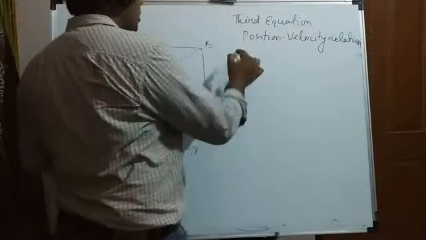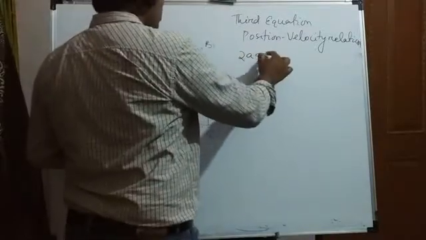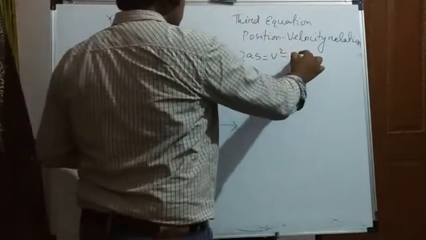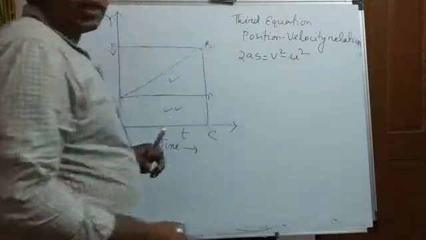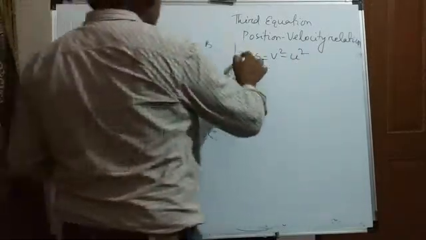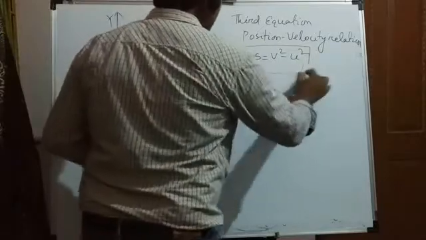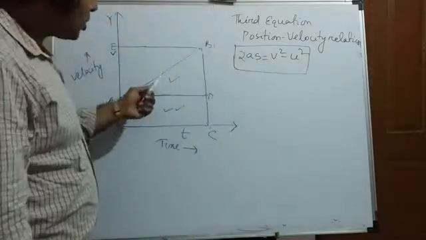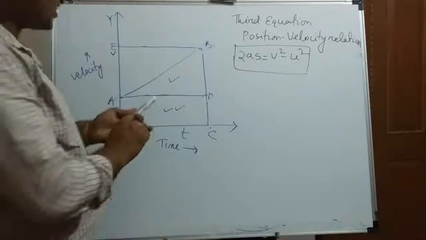The equation is 2s is equal to v square minus u square. And we have to derive this equation from the same graph and from the same trapezium.